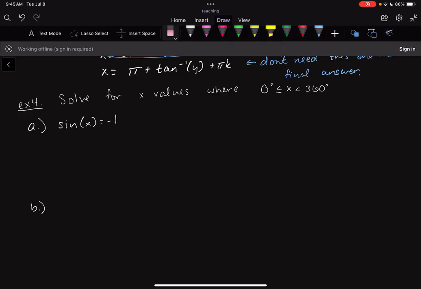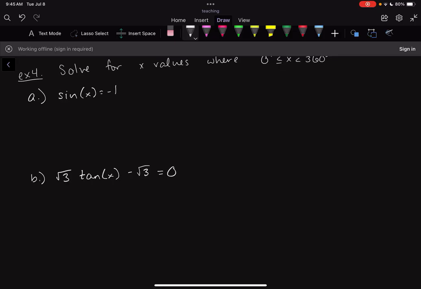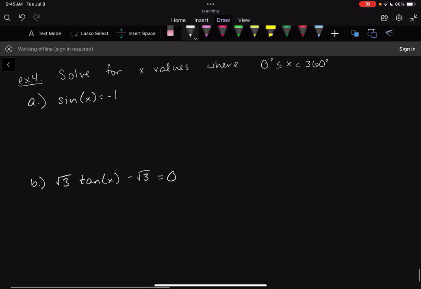So let's say square root 3 tangent x minus square root 3 equals 0. And maybe we'll do more. I don't know. We'll see how it goes.